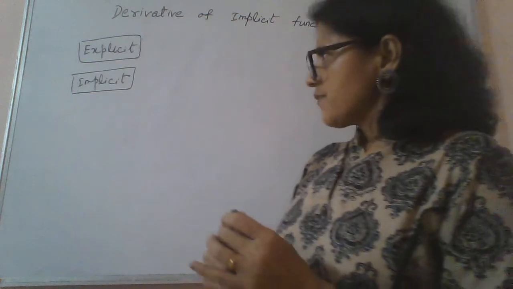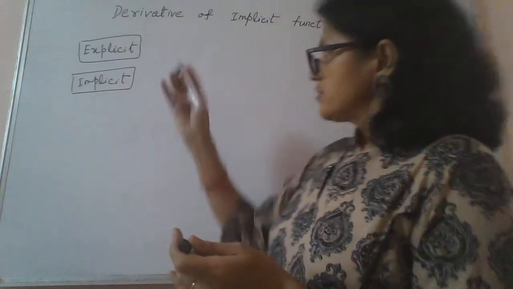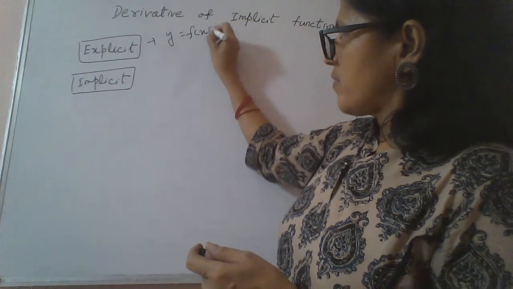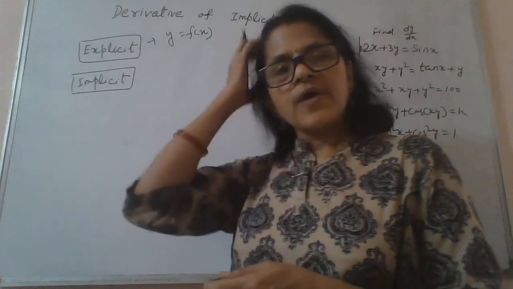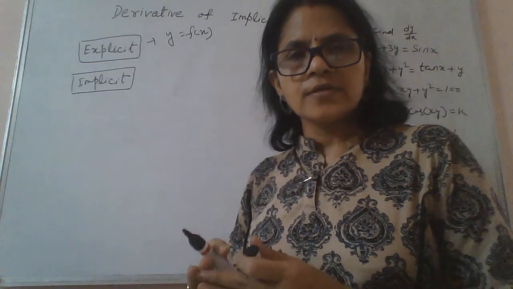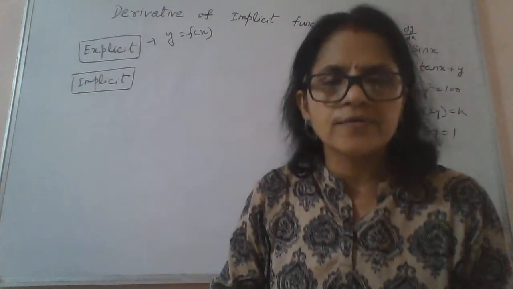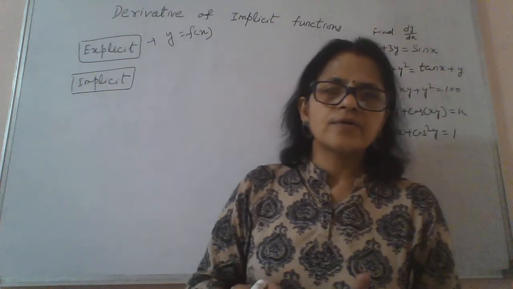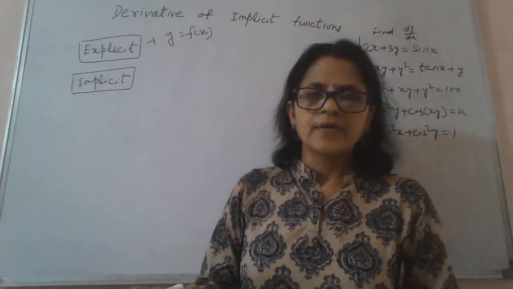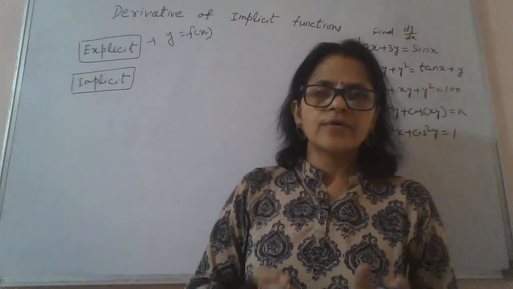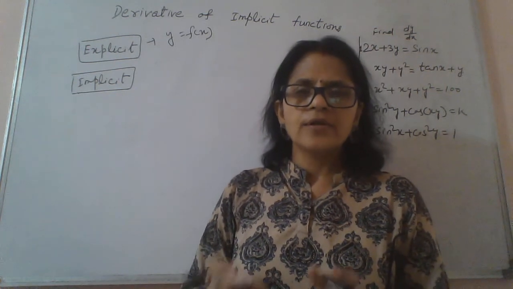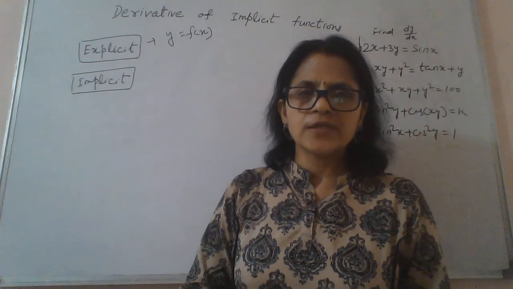An explicit function is basically, for example, y equal to f(x), which means y is a function of x. For example, y equal to sin x, y equal to cos x, y equal to sin log x, y equal to e raised to the power x square. All these are explicit functions.